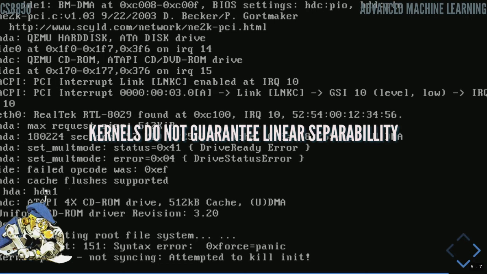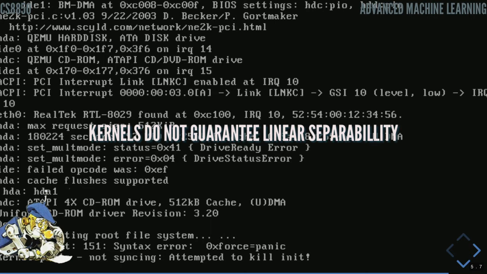But in any case, we may have data that is not linearly separable even after we executed all of our artistic abilities and selected the kernels that we thought would work.